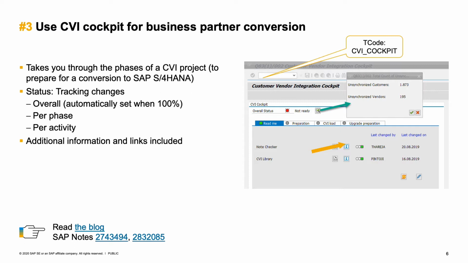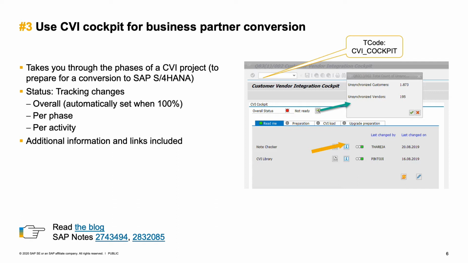Because in S4, the leading master data entity is the business partner and not the customer and vendor. However, the tricky part is that the customer and vendor entities are not eliminated. They still exist within the solution because there are many applications within S4 that still depend on them. And this may also be true for your custom solutions.